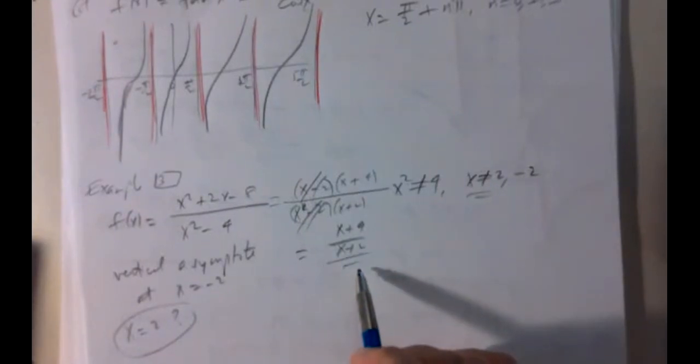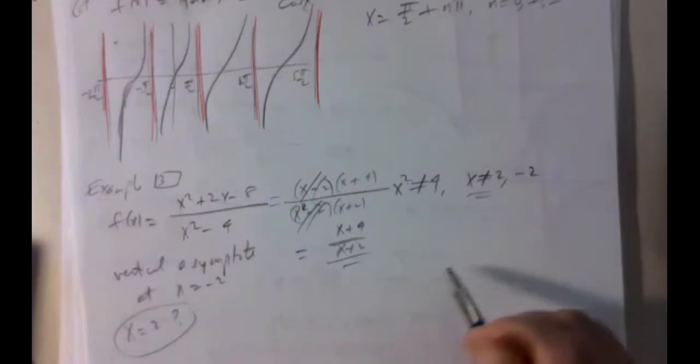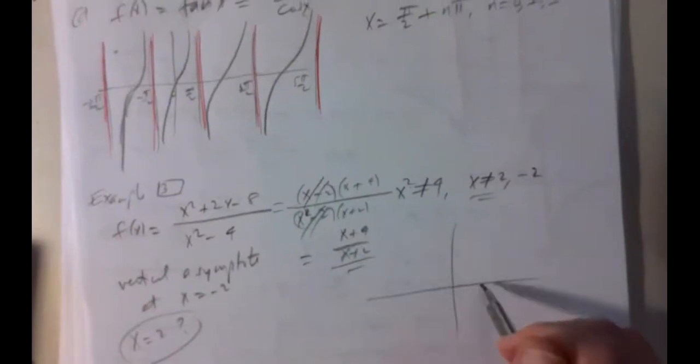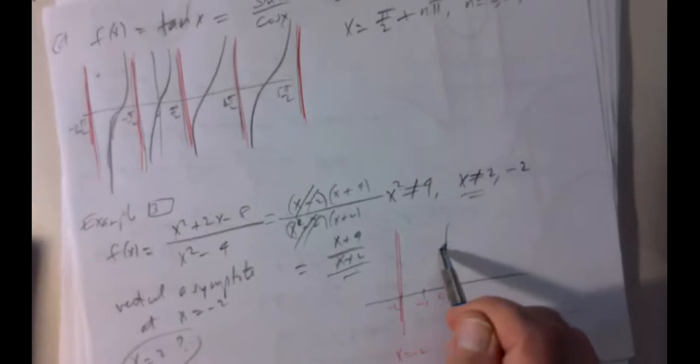So here we see we have a function that has a vertical asymptote at negative 2. So this is the line x equals negative 2. And the graph of this function, let's see, when x is 0, it's equal to 2.